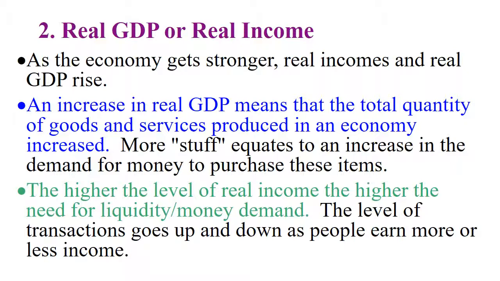So some economies, like America, for example, we make a lot of stuff. Think of all of the options out there in America that you can buy. There's stuff for sale everywhere you go. Endless choices. So that high real GDP is going to impact your demand for money. When there's things to buy everywhere, your money demand increases.